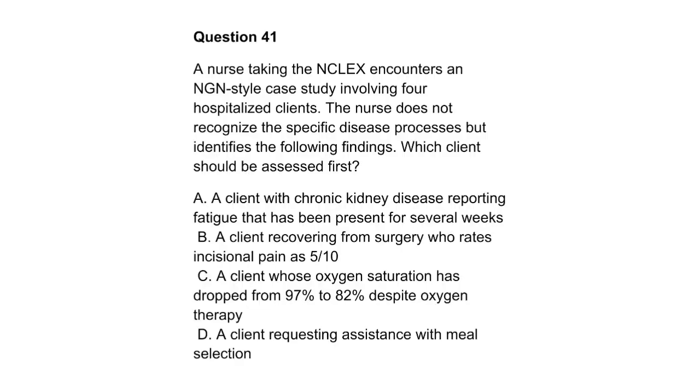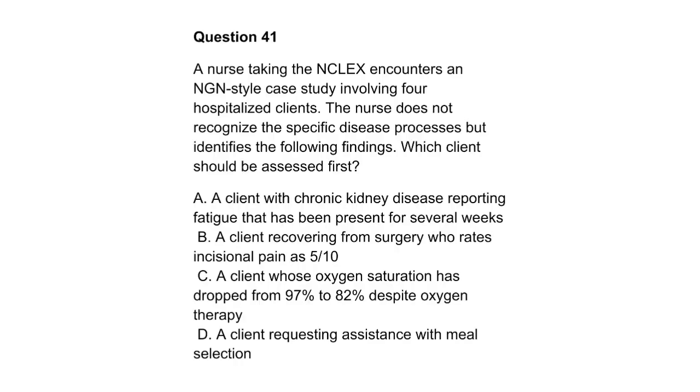Question 41. A nurse taking the NCLEX encounters an NGN-style case study involving 4 hospitalized clients. The nurse does not recognize the specific disease processes, but identifies the following findings. Which client should be assessed first? A. A client with chronic kidney disease reporting fatigue that has been present for several weeks. B. A client recovering from surgery who rates incisional pain as 5/10.